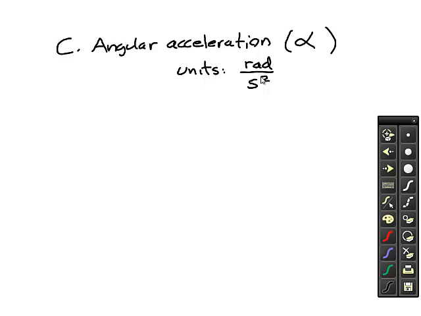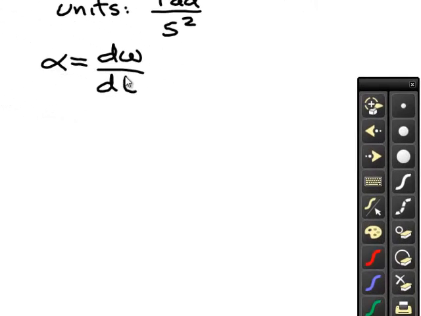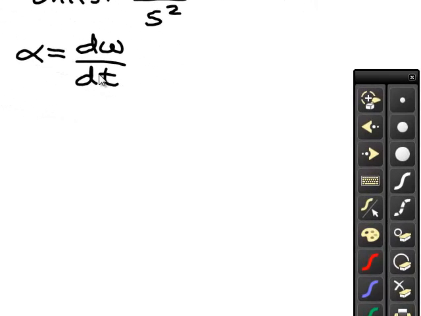All right. So, remember, good old acceleration is dv dt. So our new acceleration is going to be d omega dt, how fast the angular velocity is going up or going down.